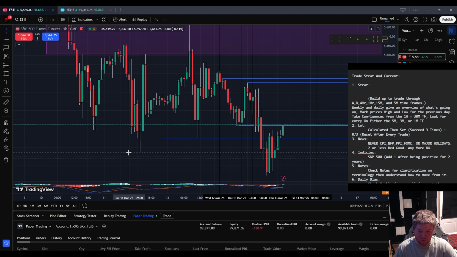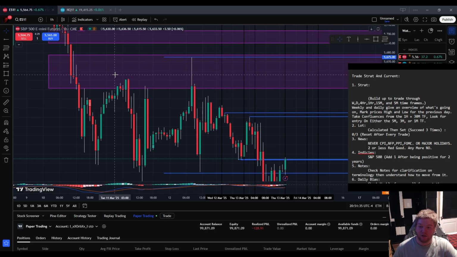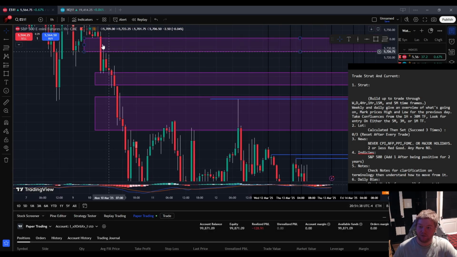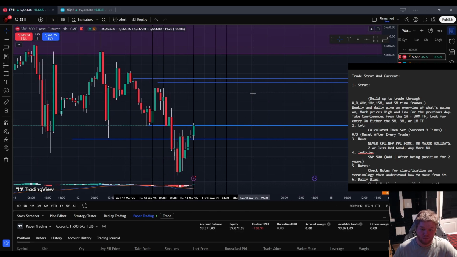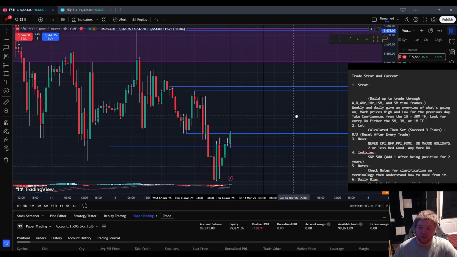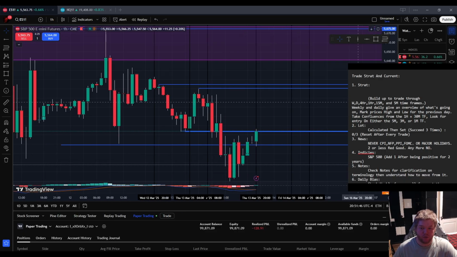And we can target previous lows, 1, 2, 3, 4, right? We can also target the highs, all the way up here, all the way up there. This is a high. That right there is a high. We can go all the way up there. But yeah, that's what he's working with.